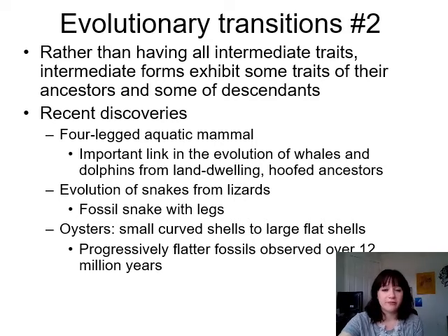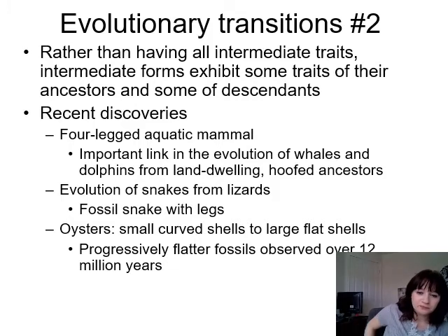And so we've got a few different examples of these transitional fossils. We have a four-legged aquatic mammal, which is thought to represent a link between land-dwelling hoofed mammal ancestors and current whales and dolphins. Also, we have an example of snakes evolving from lizards, in that there is a fossil of a snake with legs.